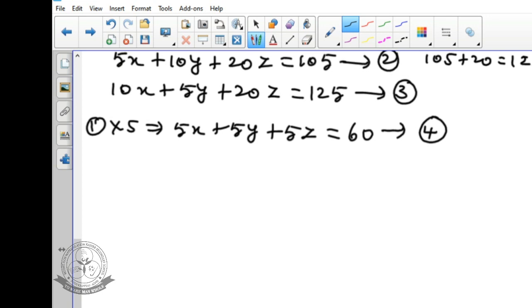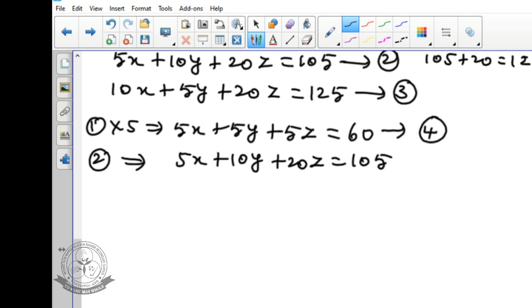Next one, equation number 2 is 5x plus 10y plus 20z equal to 105. Now we have 5x and 5x, and both are positive, so we can subtract: equation 4 minus 2.